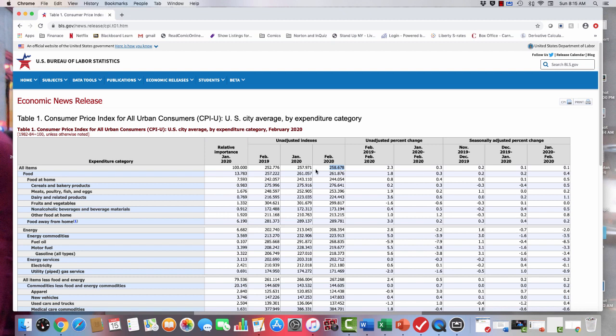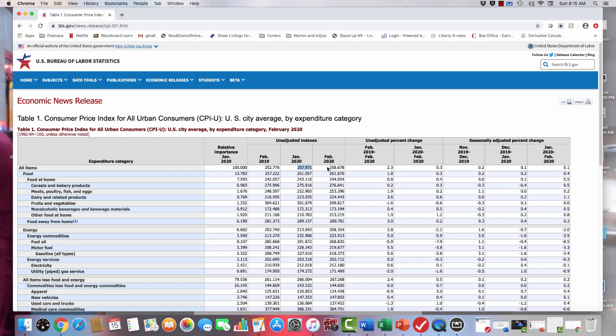If we were to compare this to the price index in January, we would see that in January it was 257.971. All that information tells us is that prices were higher in February than they were in January.